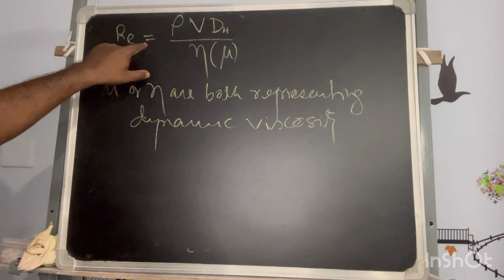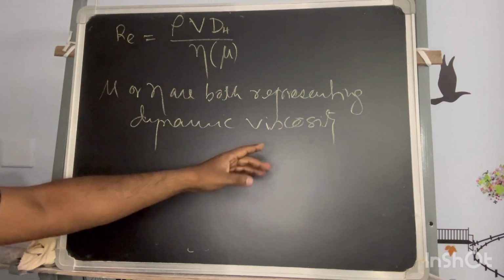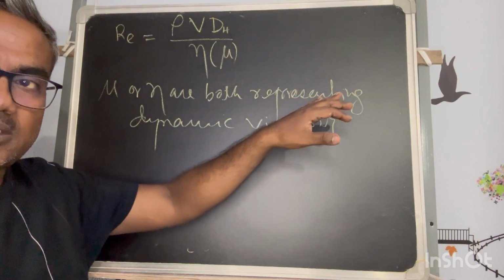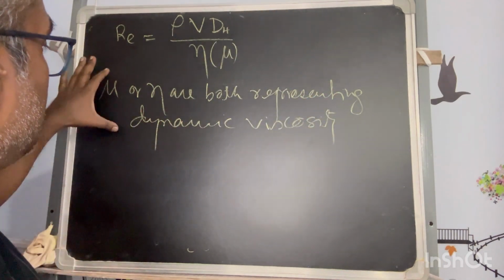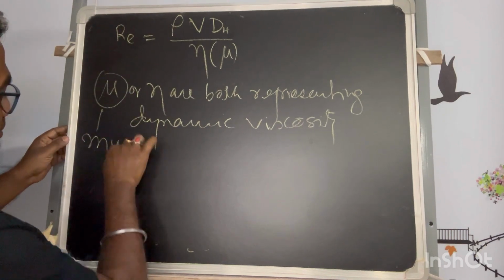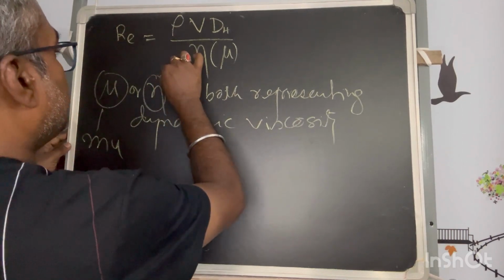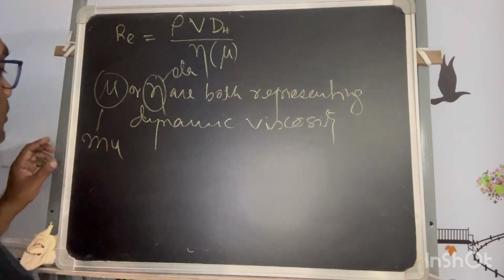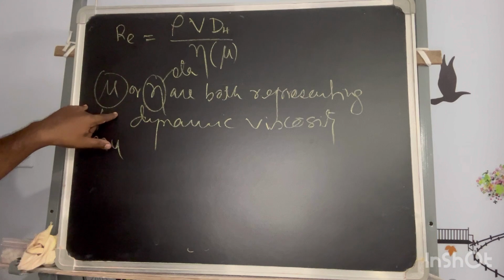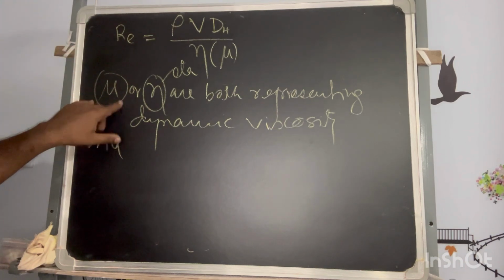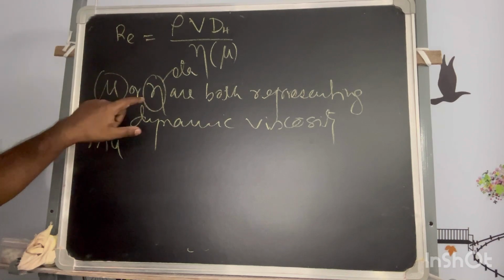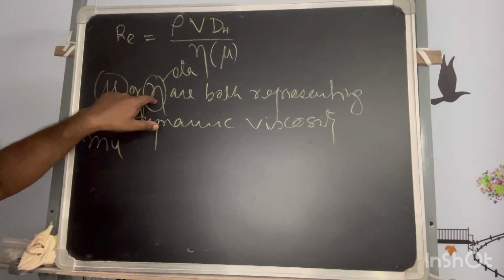When we talk about viscosity, we will learn it later. But as this term is very much related to viscosity, it's essential to bring it into the discussion again. So this is called mu, these are all Greek letters, and this is called eta. In some cases in science, such as chemical industry, they represent it with mu. In some industrial physics, they represent it as eta.